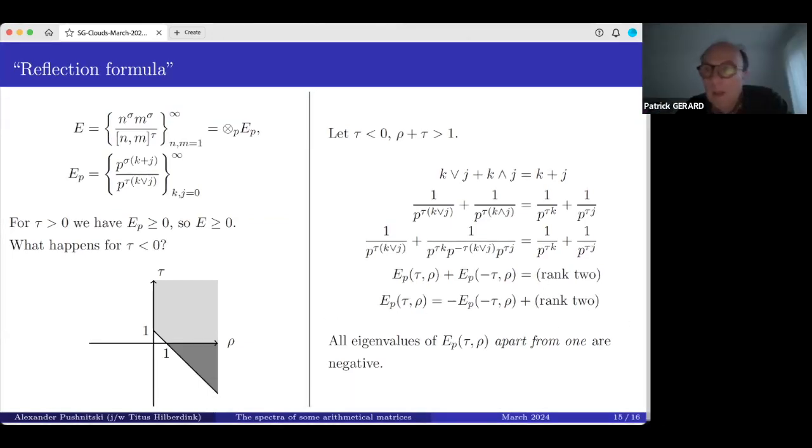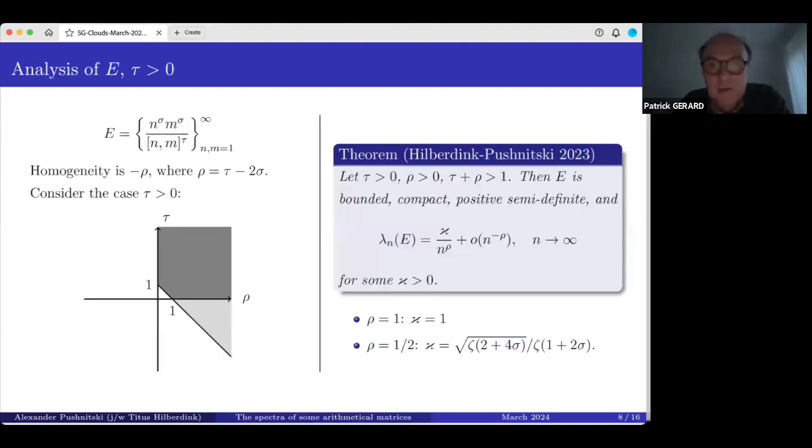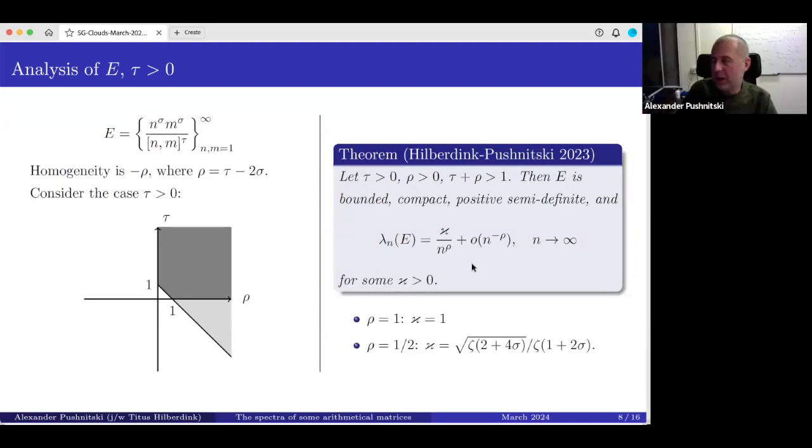Sasha, I'm talking about the first theorem, the case where everything is positive, tau positive, rho positive, etc. In this case, is there some hope to improve the remainder term here, the small o of n to the minus rho? Yes, so this is where my powers ended, but my collaborator found a paper in number theory using which he improved it just a little bit.